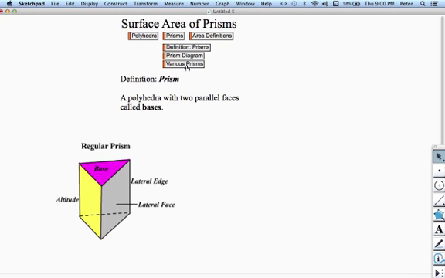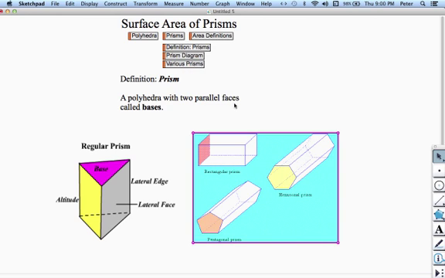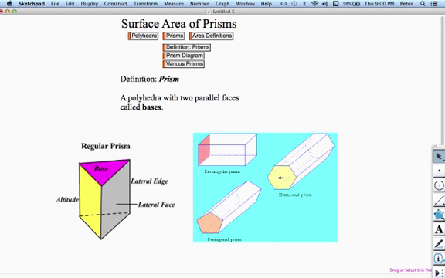Okay, let's take a look at some other kinds of prisms. As you can see, we have a hexagonal prism whose bases are two hexagons, a pentagonal prism whose bases are two pentagons, and then a rectangular prism.